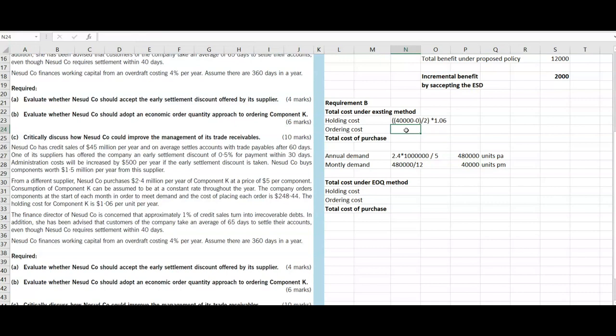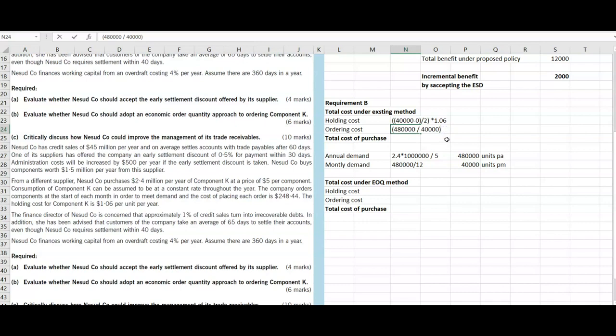The ordering cost will work like this. How many orders will the company make? Totally they require 4,80,000 units divided by 40,000 units. So in a year they will make 12 orders. Okay, I hope it's 12.